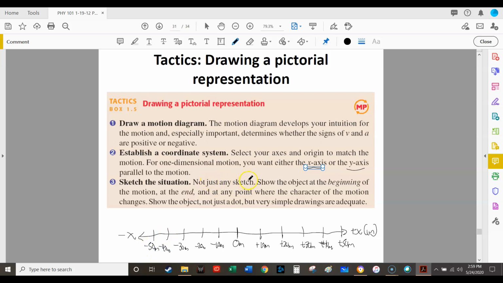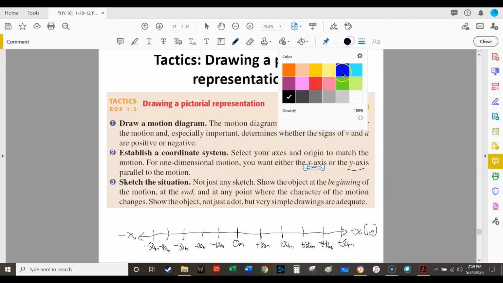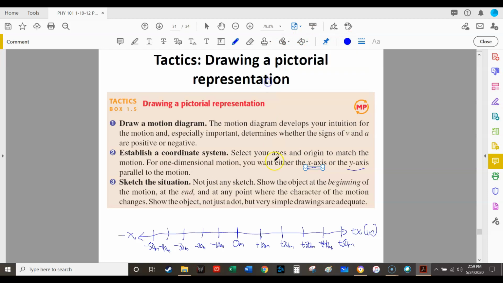And then what they want you to do is show the beginning of the motion and the end of the motion. So we're going to just say this is a blue object, okay? And let's say it starts off here at the 40 meter mark, right? So its initial position is going to occur at the 0-second mark, and then let's say its final position ends here, and it takes 3 seconds to get to here.